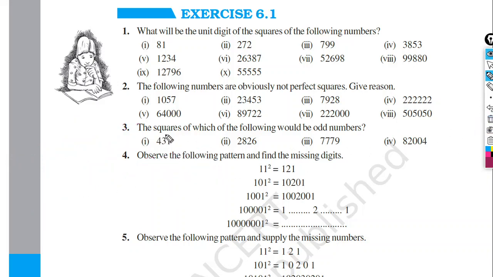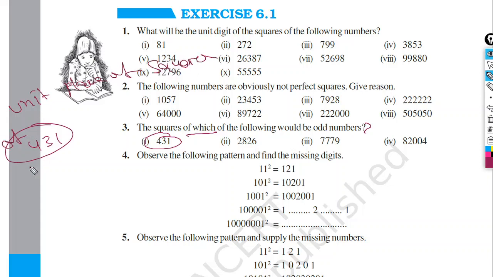Here you see, the question is asking whether the square of the following number will be an odd number. Now look at it, 431. The unit place of the square of 431 will be what? 1 square will be 1.